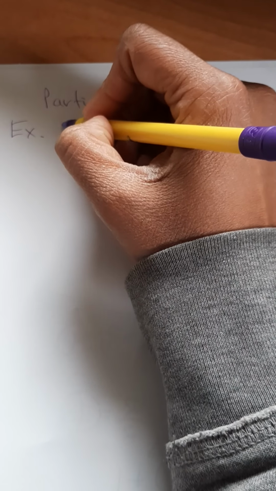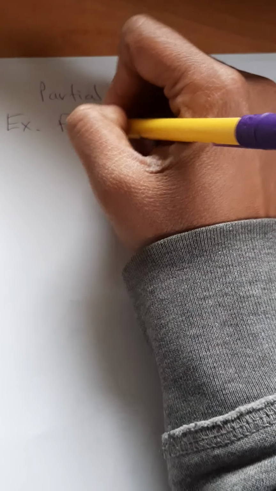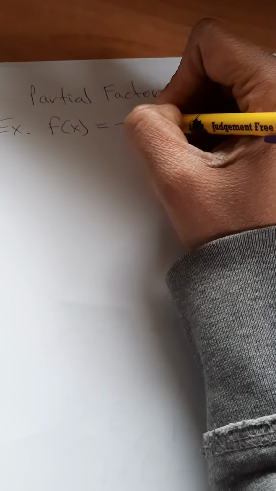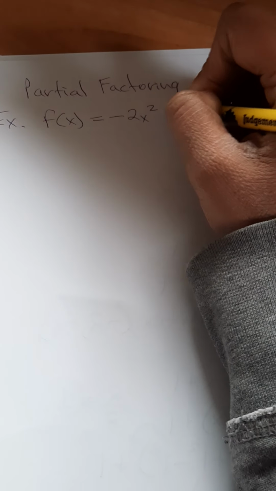Okay, so let's try an example here. Okay, so we're going to try, let's do f of x equals -2x squared plus 8x minus 3. Okay, so this is what the equation looks like here.